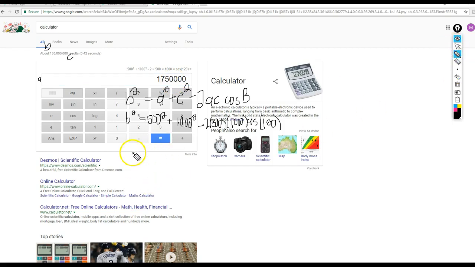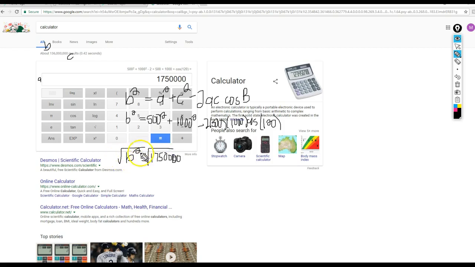Now, if you're thinking that's huge, so we had b squared is equal to 1,750,000. That's way too long. You're right, it is. It's because that side length is squared right now. So the inverse operation of squared is to square root.